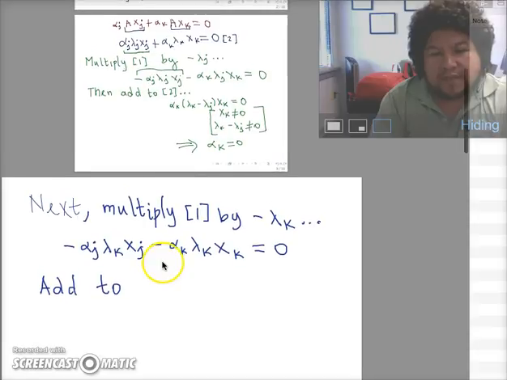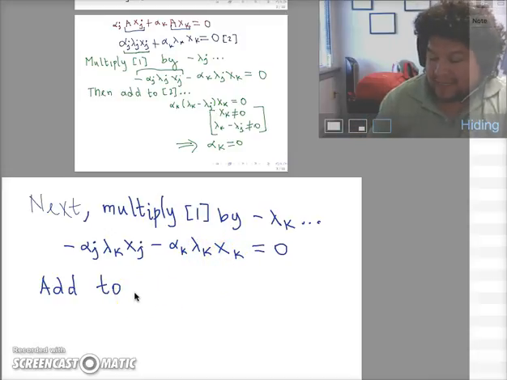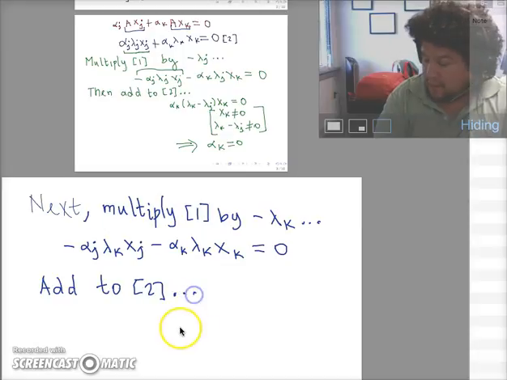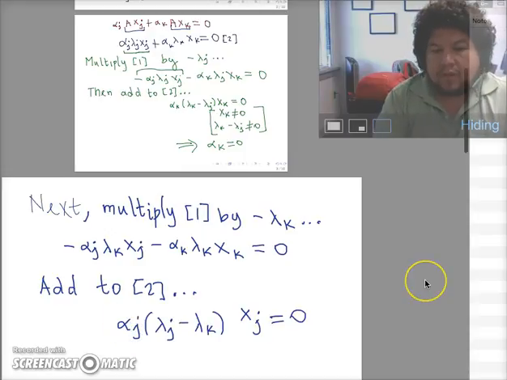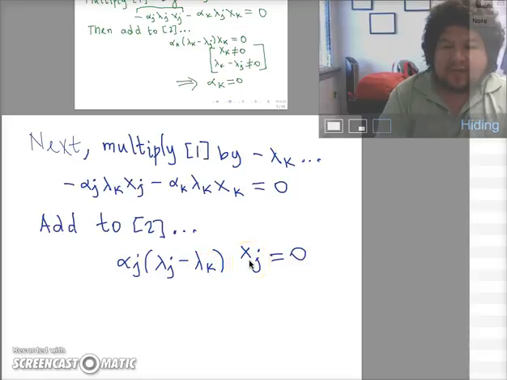So what we do next is go back to expression 1 and multiply that expression by minus lambda k. That gives us a new expression, alpha sub j lambda k x sub j minus alpha k lambda k xk. Then we add that expression to expression 2. In doing so, we obtain alpha j times the quantity lambda j minus lambda k times the vector xj equal to 0.